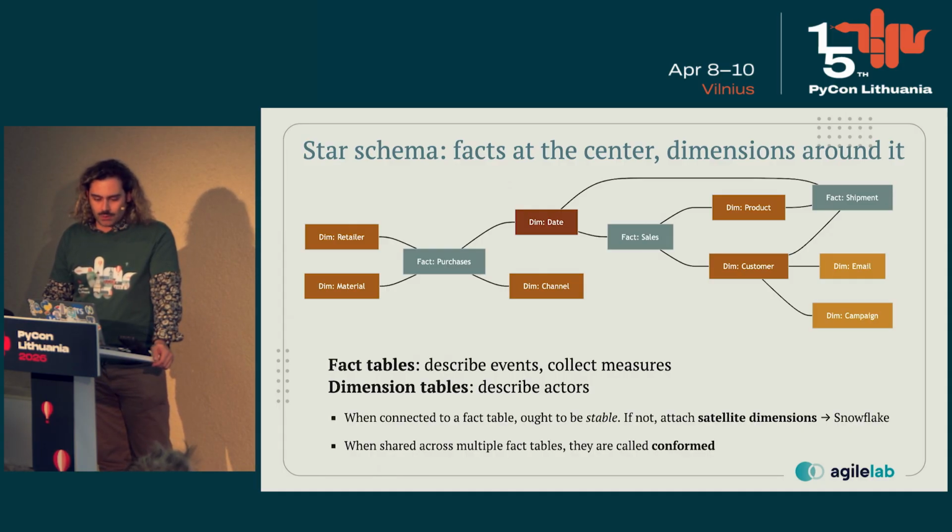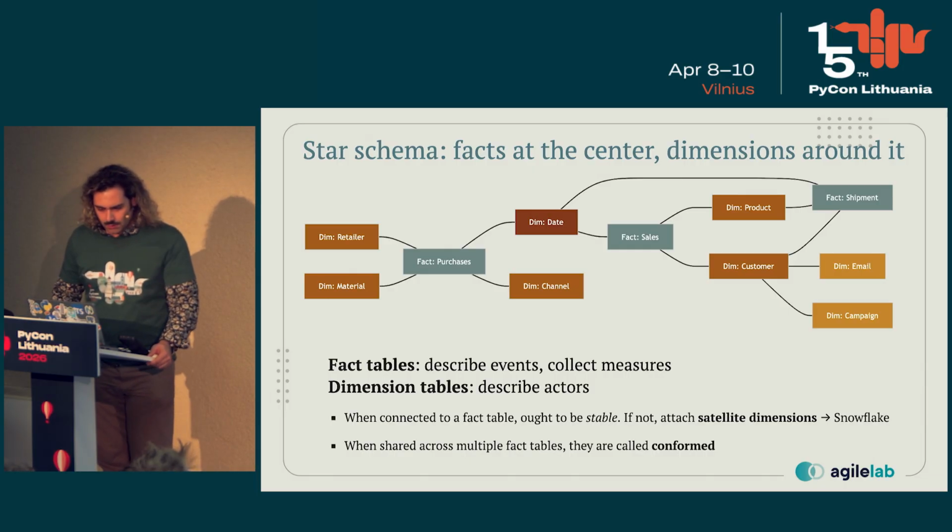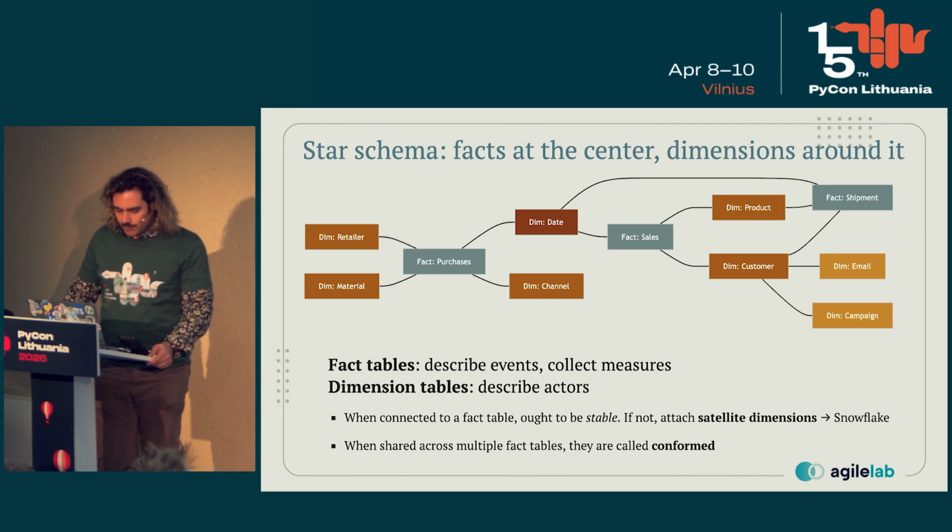I'll talk about the star schema only because it's one of the most widespread, maybe not the best for all the use cases. In the star schema, you have fact tables and dimension tables. Facts sit in between dimensions and describe the events and collect the measures.